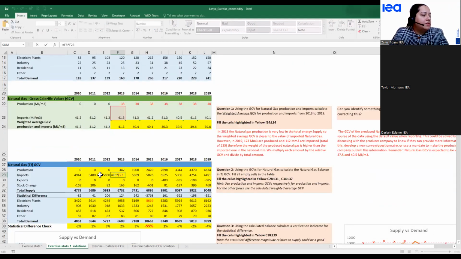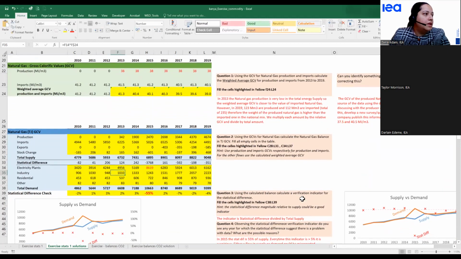But for the others, for exports, for electricity plants, industries, you don't have a specific calorific value. So for those, you will use your average weighted calorific value to get your data in terajoule. So it's very simple. Everywhere you will apply the weighted calorific value.